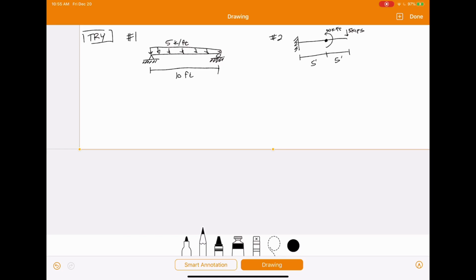And again, for both of these, go ahead and find the reactions to provide equilibrium to the rigid body.